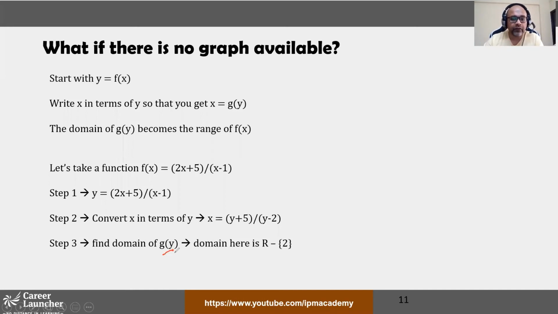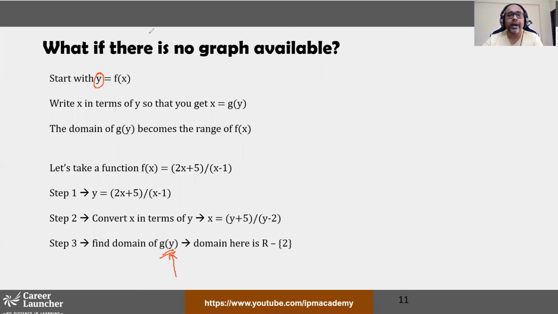Because domain of g of y means, basically, technically speaking, what are the y's you can put inside? But what is the meaning of y? Y already is an output. So effectively, y is an output for f of x. So we are talking about what y's can be put here, which is the domain, which technically becomes the outputs of f of x, and that is why you get your range.